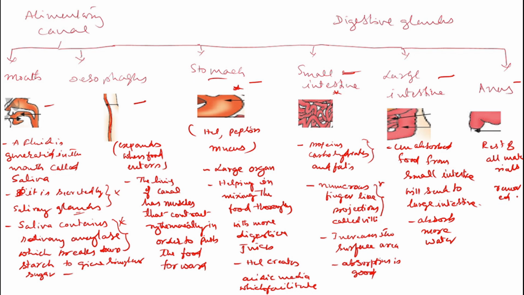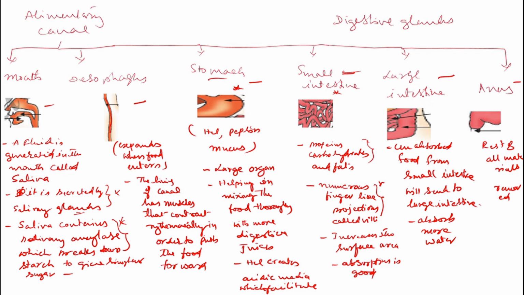See, all we have seen. Mouth, what is the role of mouth? What is the role of esophagus? What is the role of stomach? What is the role of small intestine? What is the role of large intestine? And what is the role of anus? That all, what are the functions we have seen? And here, one more thing.